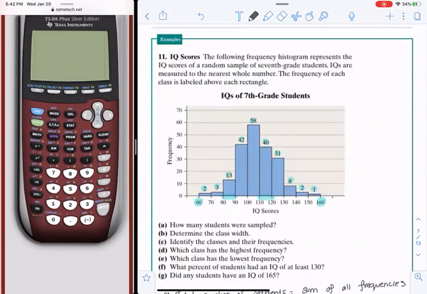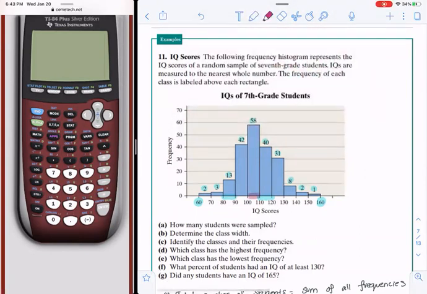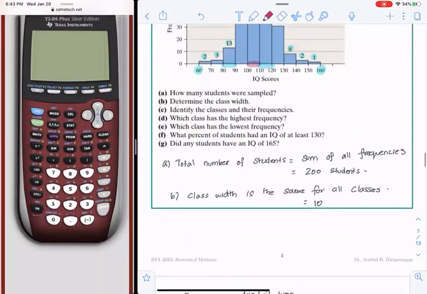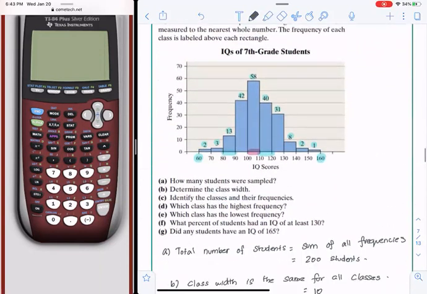The class with the tallest bar would be the class with the highest frequency. Naturally, what I picked was between 100 and 110, which is right over here. And that is the class with the highest frequency. So it would be an IQ score from 100 all the way up to 110.